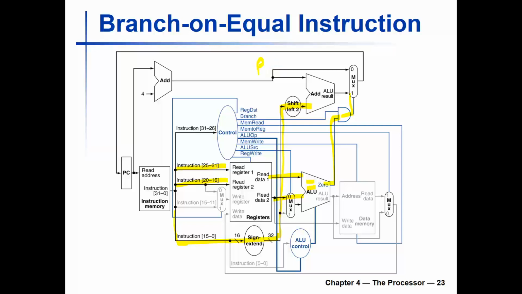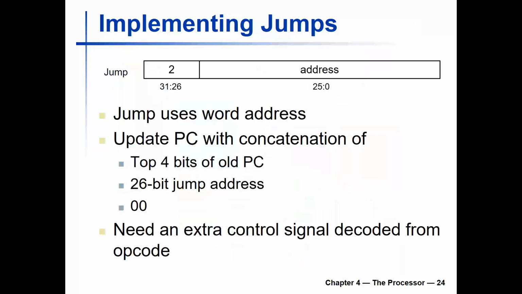This is PC plus 4, and here I have the offset. So I can have PC plus 4 plus offset, and I choose one of them and send it all the way to the PC based on whether this signal is 1 or not.